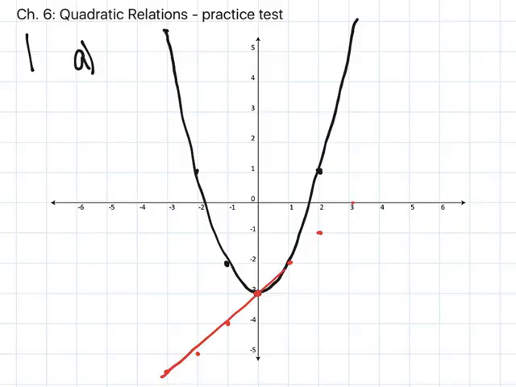And then the line of best fit would be something like that. So that's B.